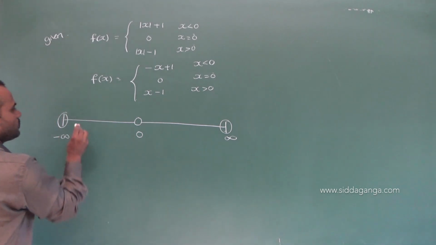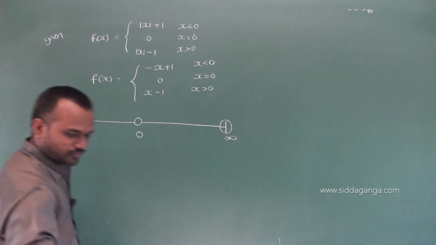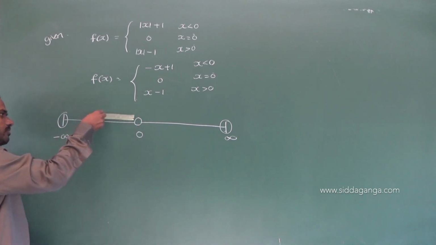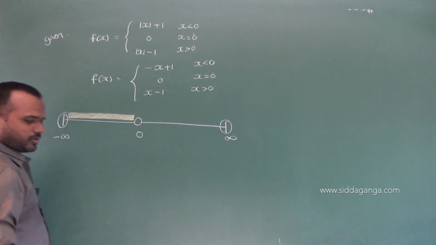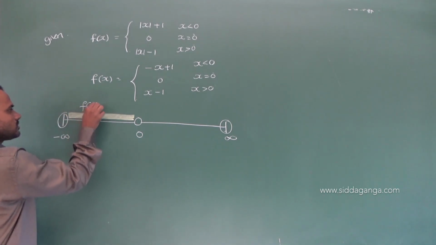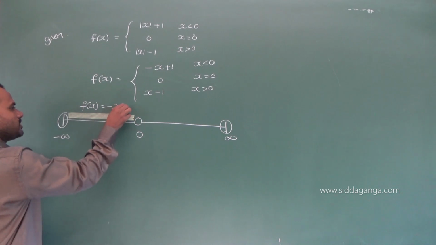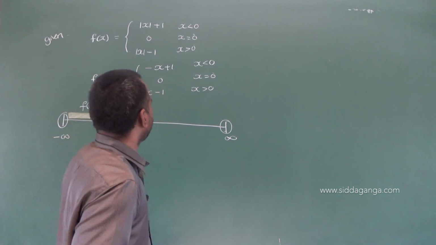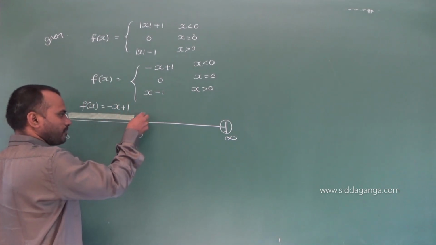Less than 0, the function f of x is minus x plus 1.